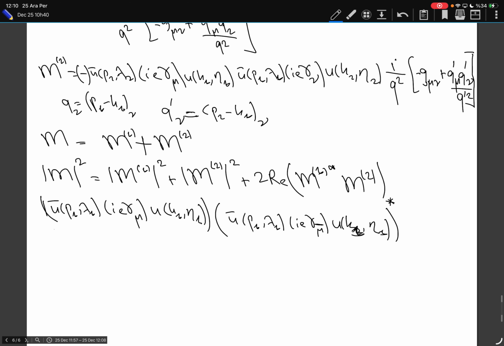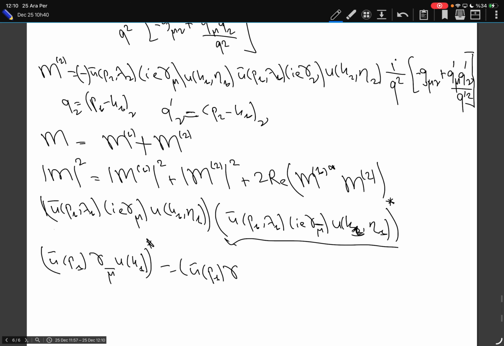So now let's come back to over here. How do we calculate this? Let me look at this one only: u bar p1, gamma mu bar, u k1, conjugate. This is u bar p1, gamma mu bar, u k1, dagger. It's a 1 by 1 matrix, so complex conjugation and Hermitian conjugation are the same thing.